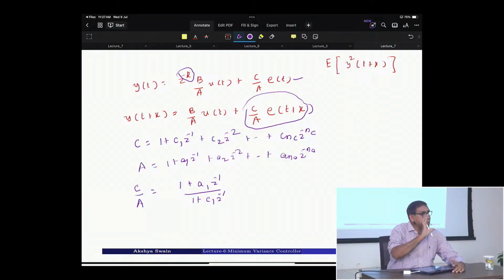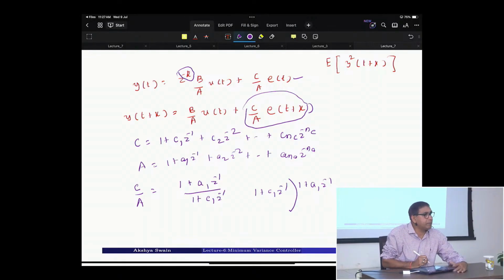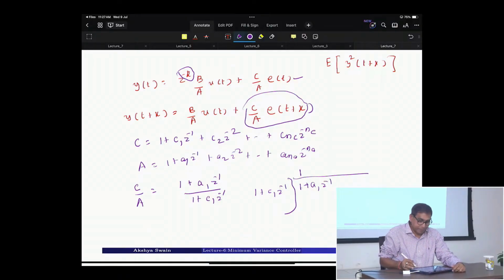So let us do one thing. Go to school now. Let us divide it. Now let's see. 1 plus A1 z to the power minus 1 divided by 1 plus C1 z to the power minus 1. I'm just doing a few steps, right? The first term is 1.